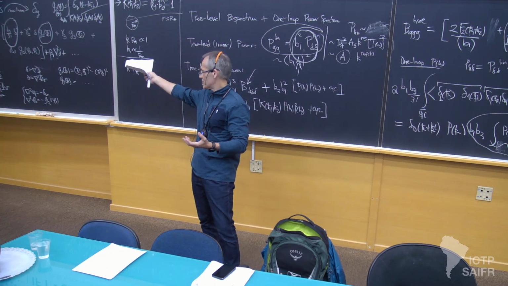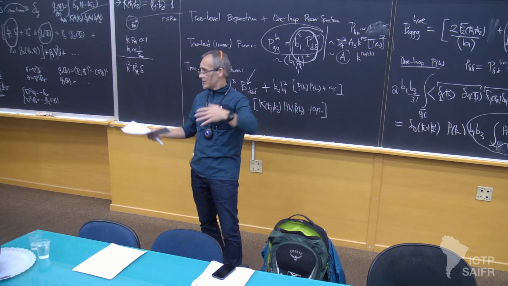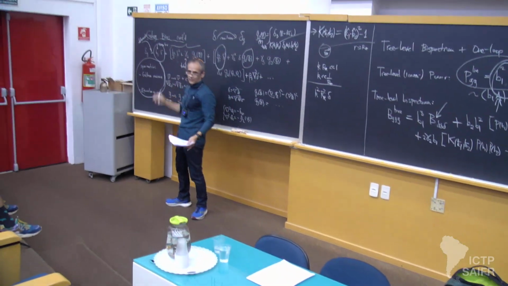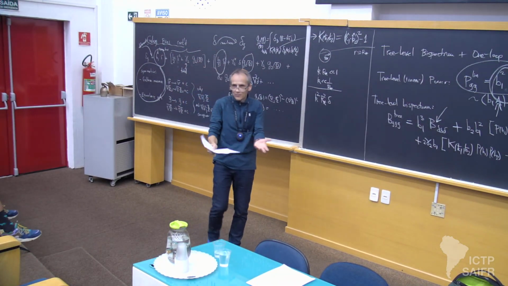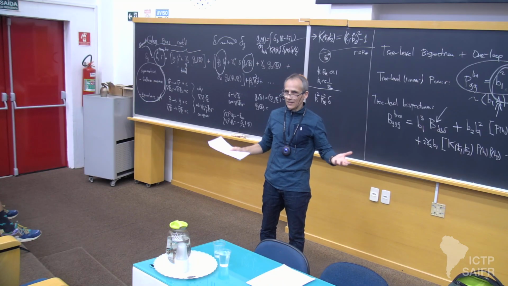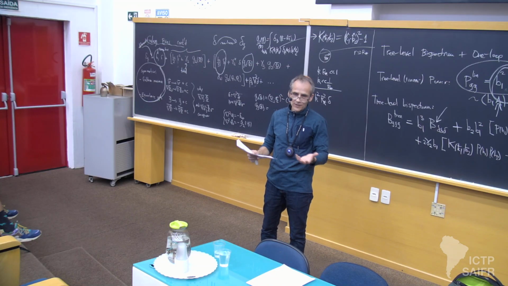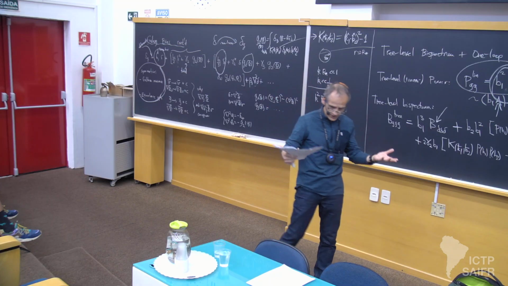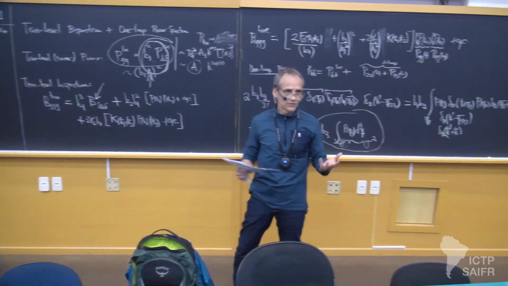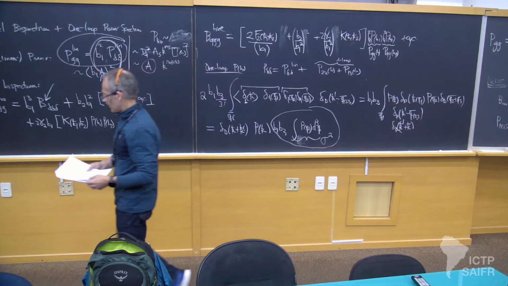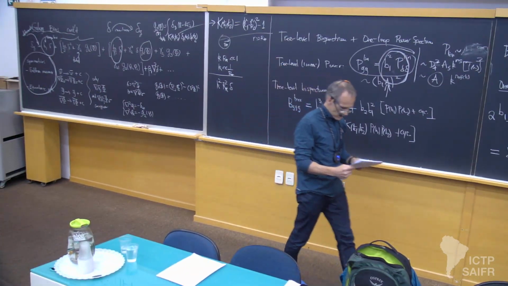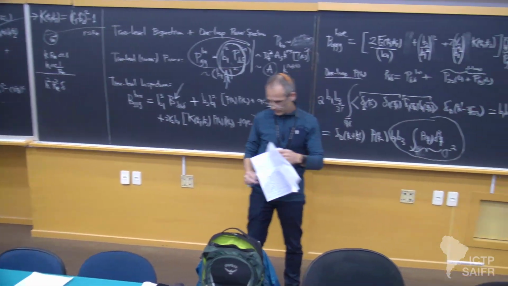Because once you lose this hierarchy that you have at large scales between the magnitude of each of these terms, it's hard to know what to add and how many to add and so on. So it becomes difficult to justify from first principles. But of course, it's very interesting, and you may get more information, of course, by going to smaller scales. So you're going to see a completely different approach next week about this.